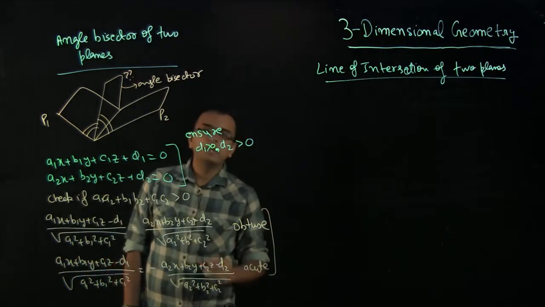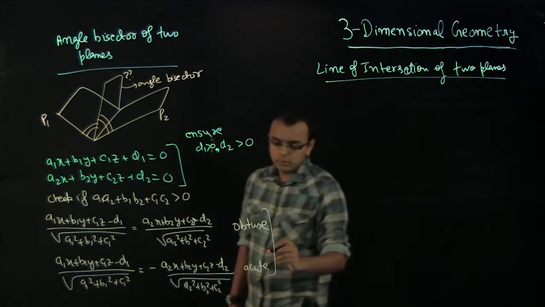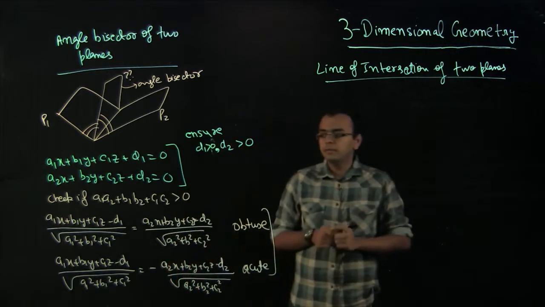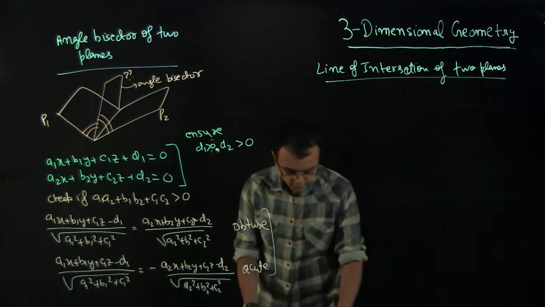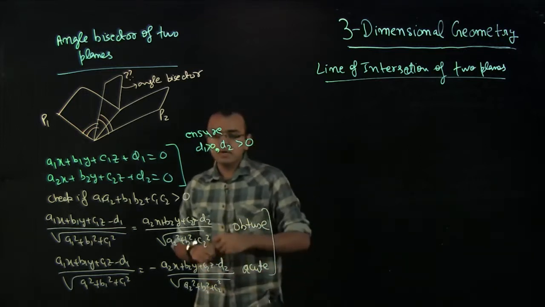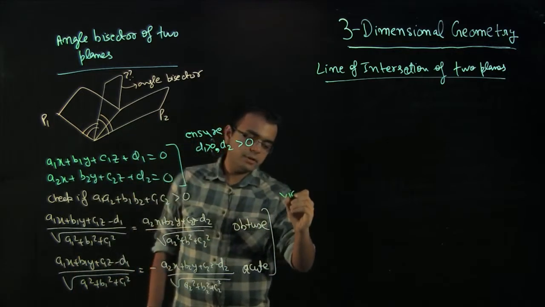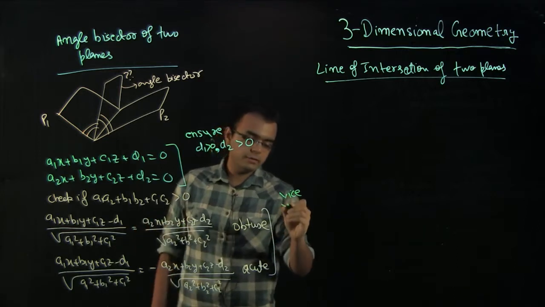That should be the equation for the acute side, with a negative sign in front. So this is only when A1 A2 plus B1 B2 plus C1 C2 is greater than 0, and vice versa otherwise. So the signs would reverse if this is less than 0.